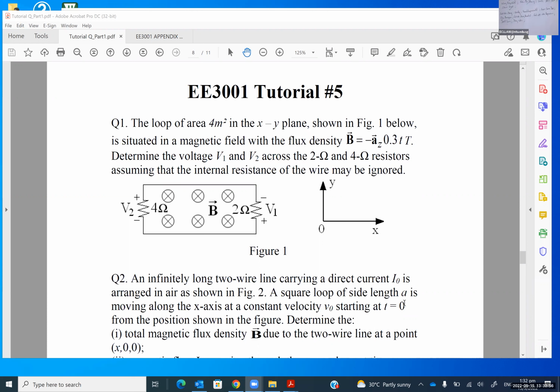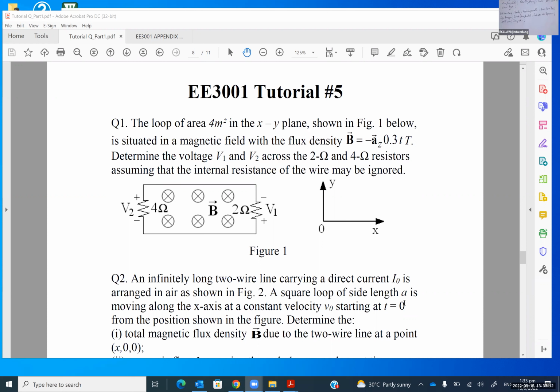Anyone want me to discuss question 1? Hands up, please. Yes. Okay. How do we get started? Those on the internet also, please suggest how you get started.